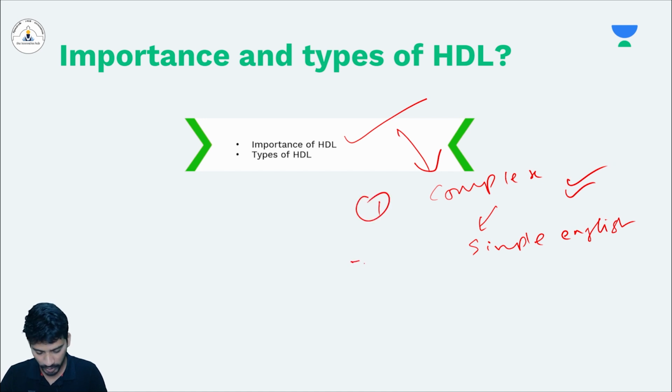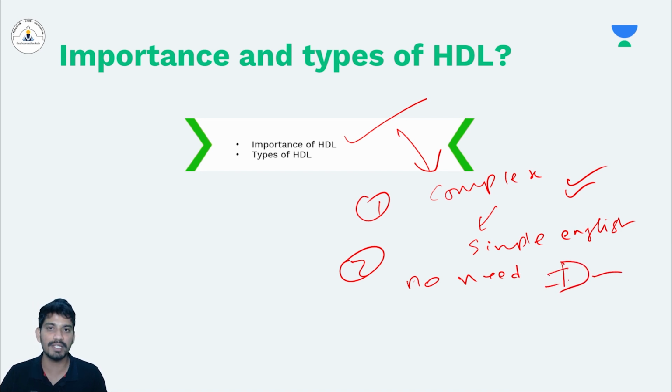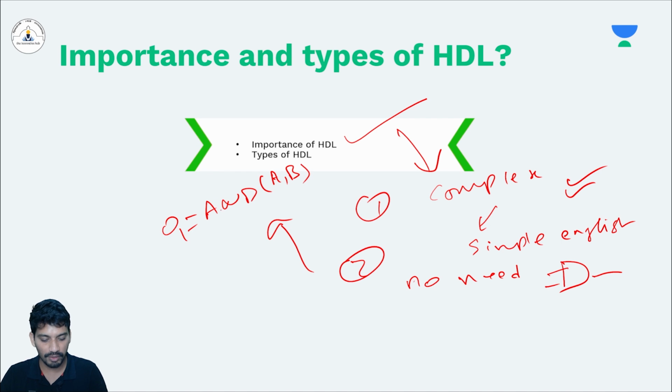And the second importance is you don't need to specify what kind of technology the AND gate is implemented in, because you are writing it directly, O1 is equal to AND of A comma B, right? Here you are not specifying whether the AND gate is implemented in 7 nanometer technology node or 48 nanometer or 40 nanometer or 180 nanometer or 65 nanometer technology.